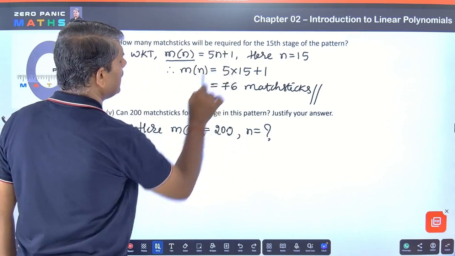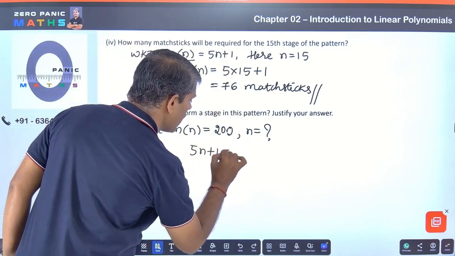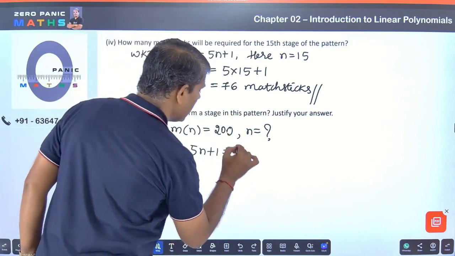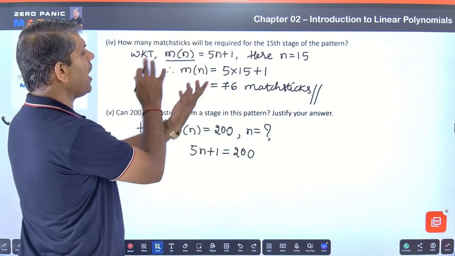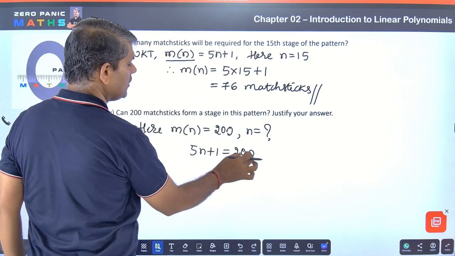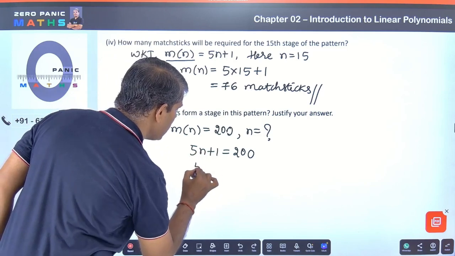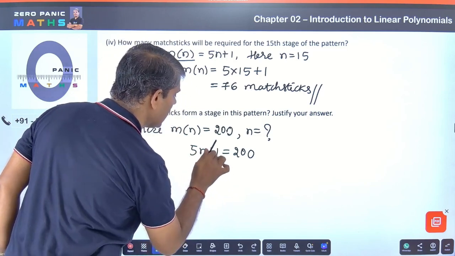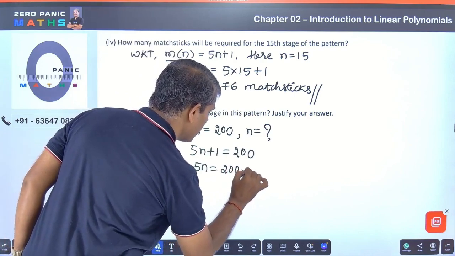Now let me write the right side value first here. 5n plus 1 is equal to m of n, that is equal to 200. I've just swapped the left and right because the value of the left side is already given as 200. Keeping 5n on the left side, I will take 1 to the right side, that will be 200 minus 1.